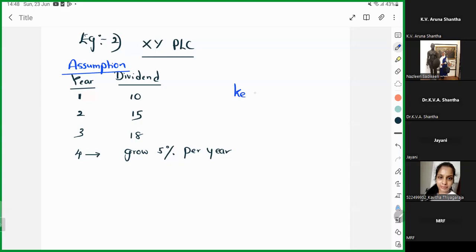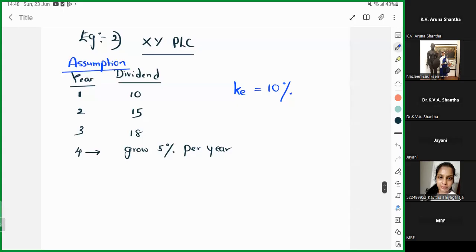Let's say your required rate of return, KE, is 10%. So how much is the present value of the dividend? You see, in the first 3 years, you have forecasted amounts of dividend.